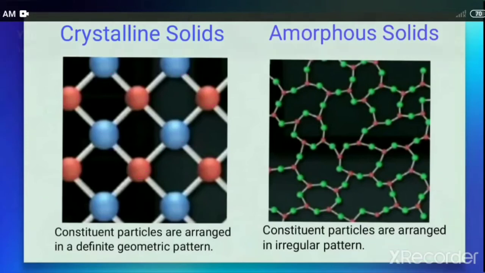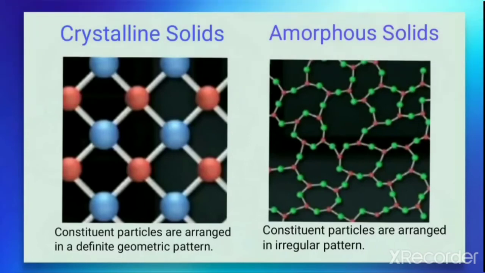We can conclude that crystalline solids consist of particles which have a definite geometric pattern. But in amorphous solids, the constituent particles are arranged in an irregular pattern. So this is the main reason which makes the two solids entirely different.